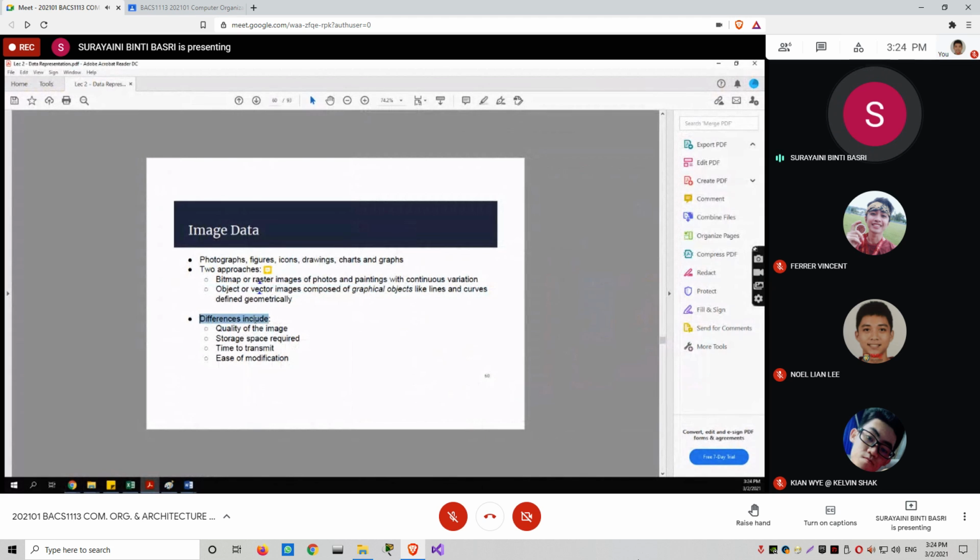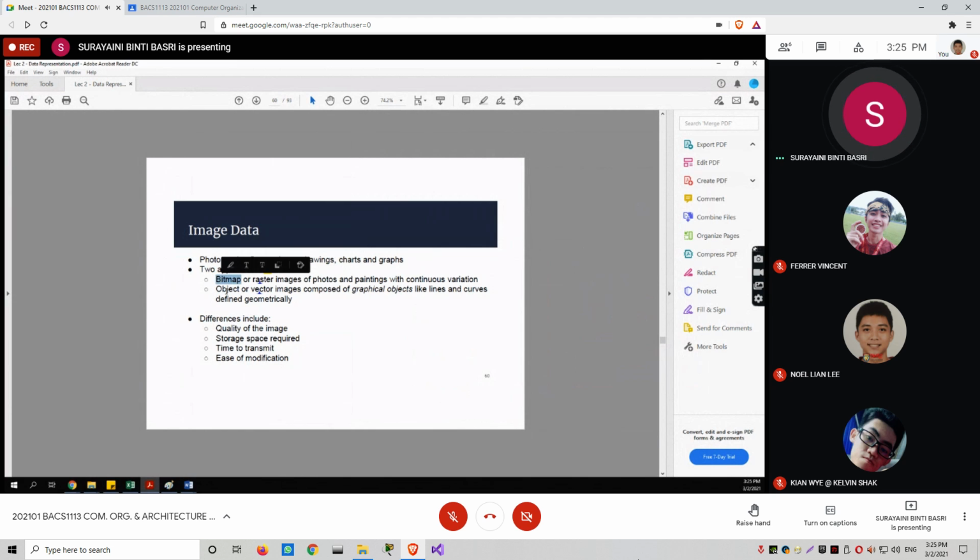Okay, so the difference between these two approaches is in the quality of the image. Which is better? Actually, it depends on the type. I mean, bitmap and object each have pros and cons, and we will see the comparison between these two later.